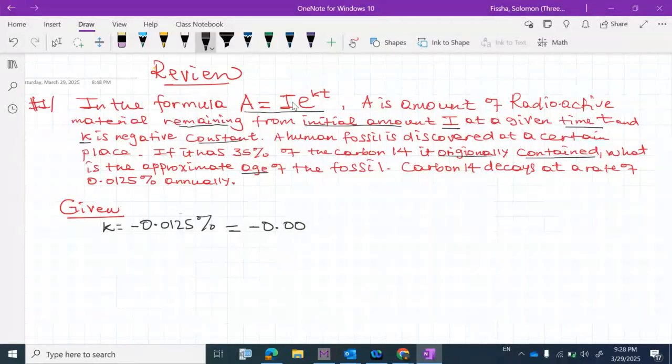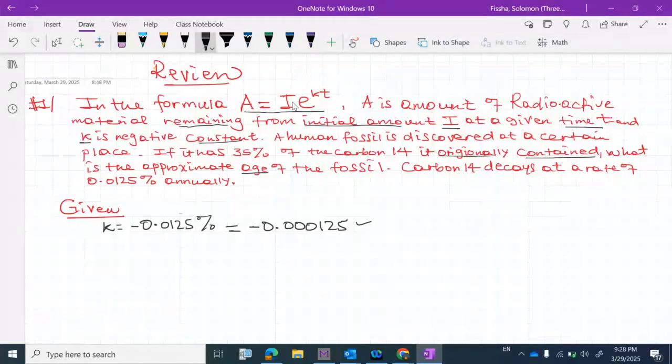So I have to add two zeros here because when I divide by 100, remember, you have to go to the left two decimal places. This is my K value. You can use your calculator also.